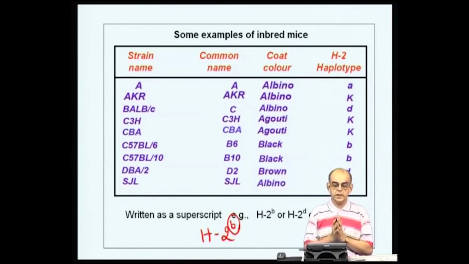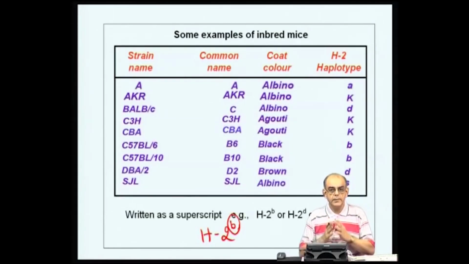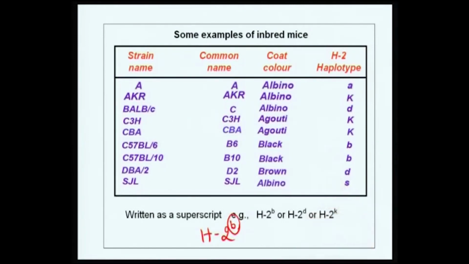So, suffice it now to tell you that we have begun to try and see how the MHC was discovered, and one of the aspects of this particular sequence of lectures is to understand that MHC was discovered only when inbred strains of mouse were made, because you needed genetically homozygous strains of mice in order to say that skin graft rejection depended upon a certain locus in the different chromosomes.